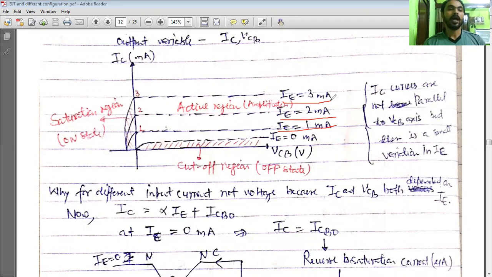It's negligible, and IC will be alpha IE. Alpha is very close to 1, so the output current will be similar to the input current. If the input current is 1 milliampere, then you will get about 1 milliampere output. If IE is 2 milliampere, then the output will also be 2 milliampere. Okay, very good.